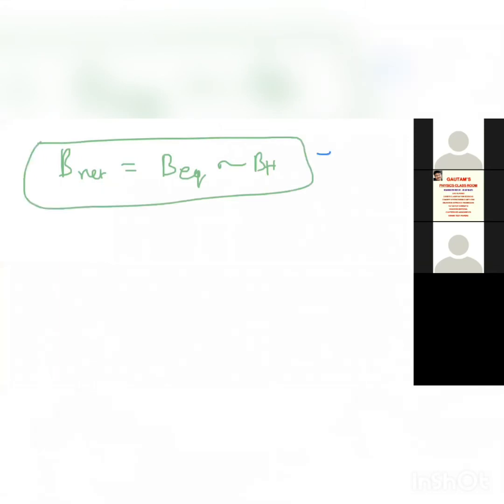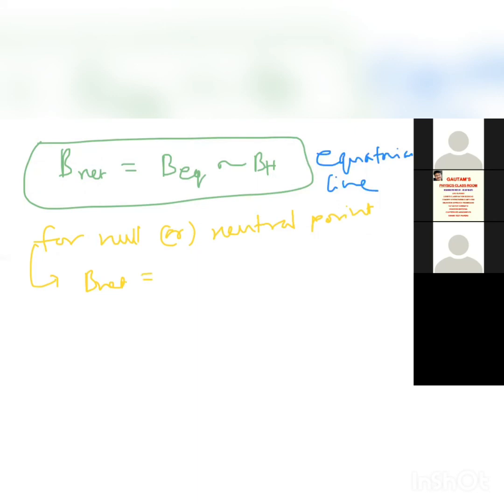At east and west the fields are opposite, so what is the net magnetic field at those points? B net at east and west is B equatorial minus BH, on the equatorial line. For a null or neutral point, the net field is zero.